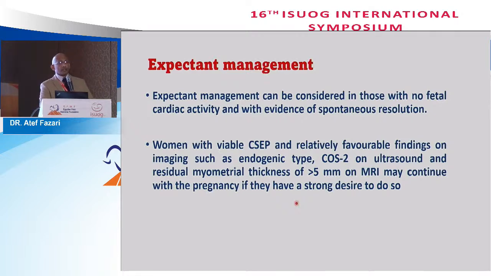So she will take her life, or the threatened-life condition, in her hands, and she will sign a consent for that, with very close, frequent follow-up to see how much the myometrium is becoming thinner and whether adjacent organs like the ureters and bladder are involved. So expectant management might need intervention at some stage of pregnancy, especially at the exophytic stage.